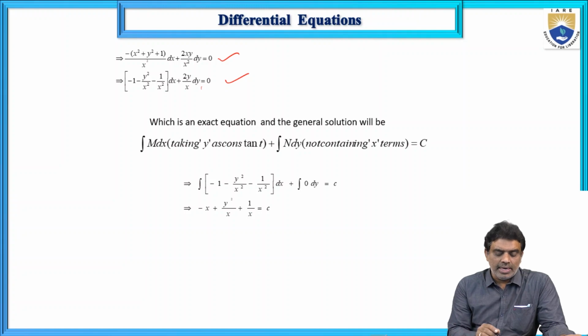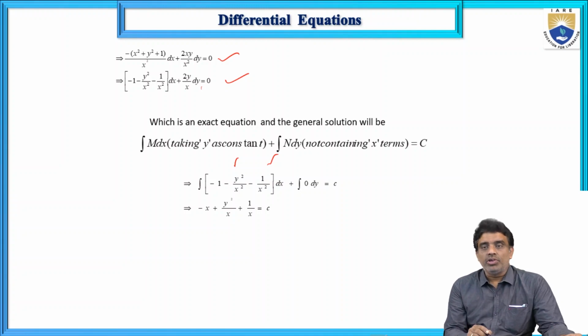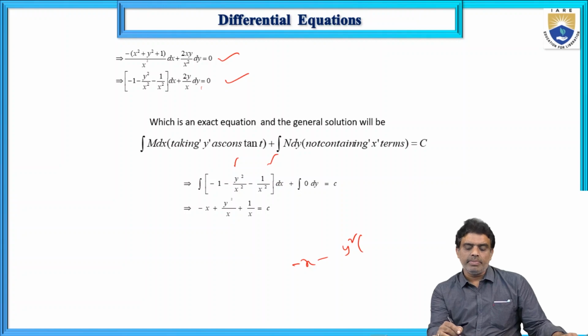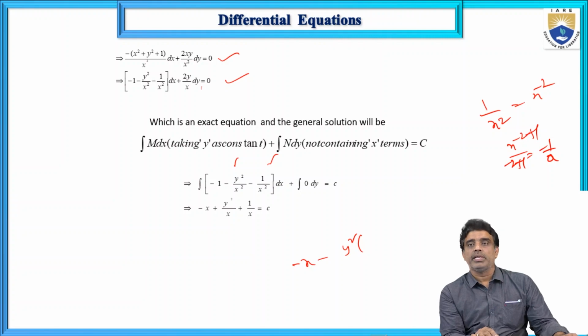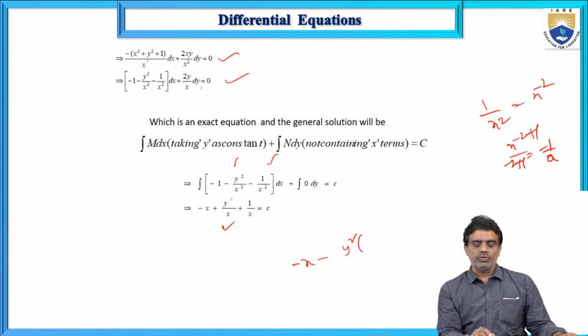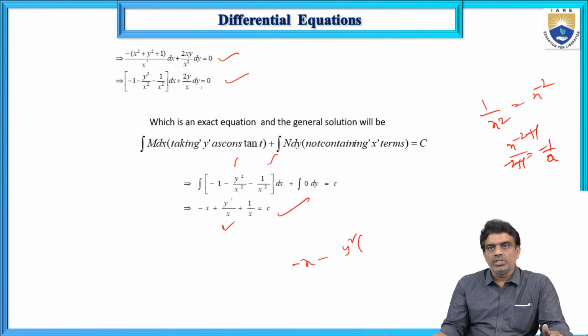On integrating: integral of (-1 - y²/x² - 1/x²) dx plus integral of 0 dy equals c. Integrating x^-2 gives x^-1/(-1) = -1/x. So we get -x + y²/x + 1/x = c, which is the general solution of the given differential equation.